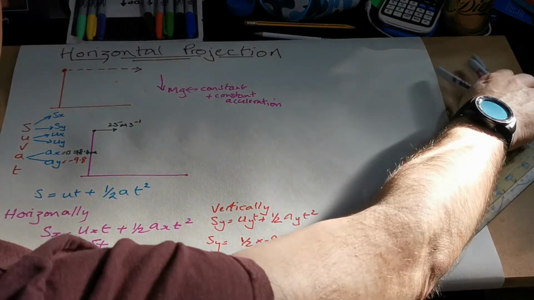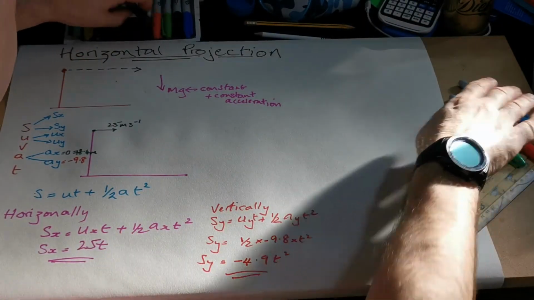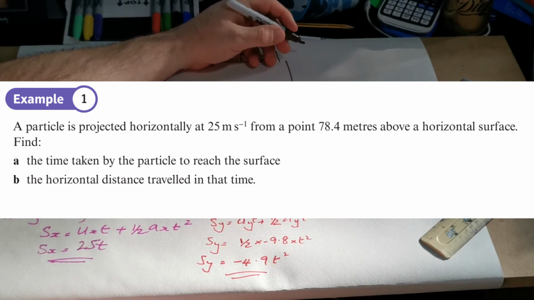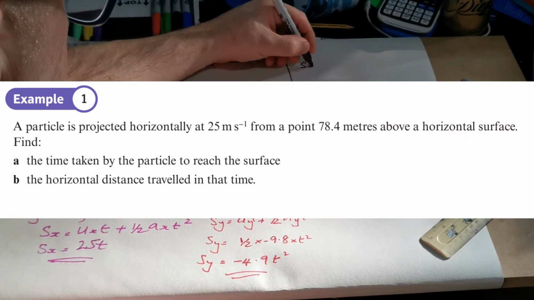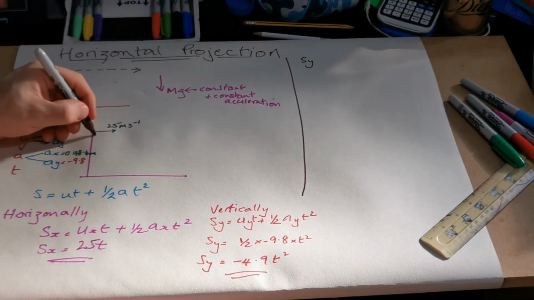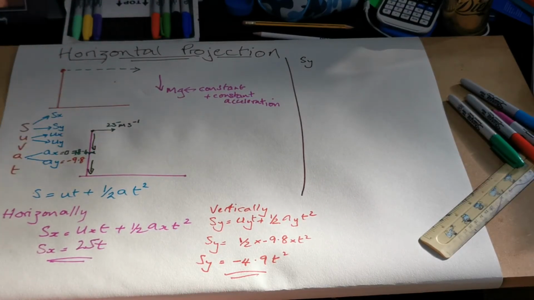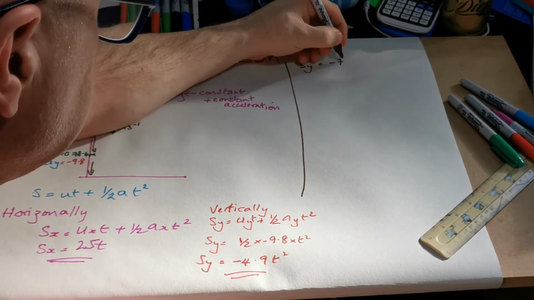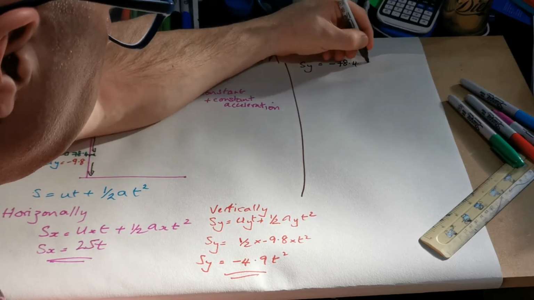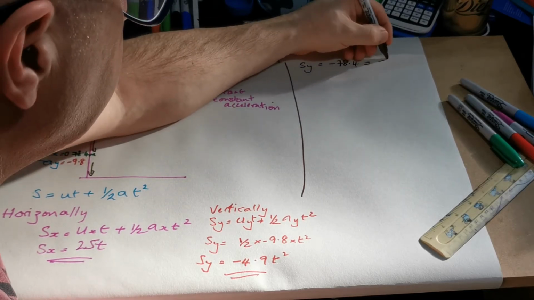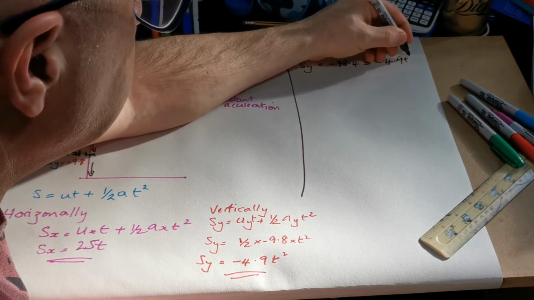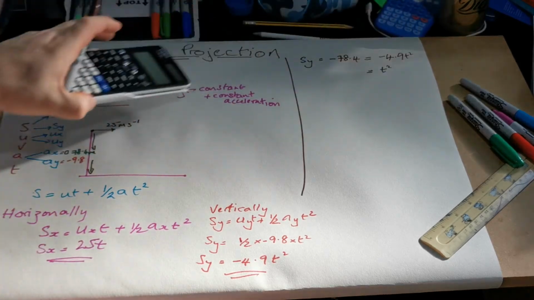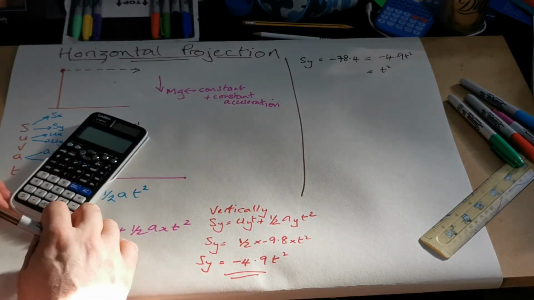Right, so now when we look back to the specifics of this question, it says find the time taken for the particle to reach the surface. So I want Sy, and I want it to travel down this distance. So minus 78.4 is equal to minus 4.9 t squared. If I divide both sides by 4.9, I think I'm going to get something fairly reasonable.